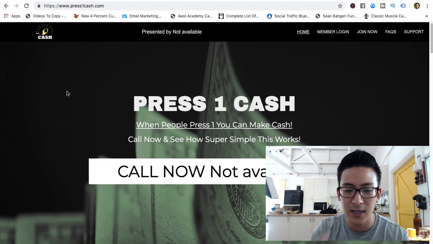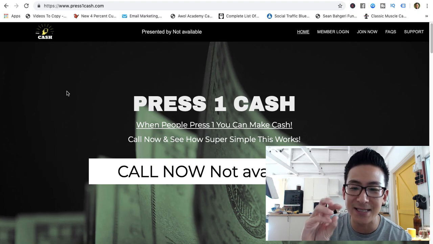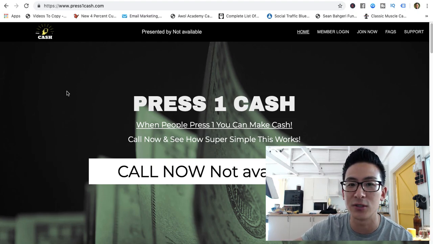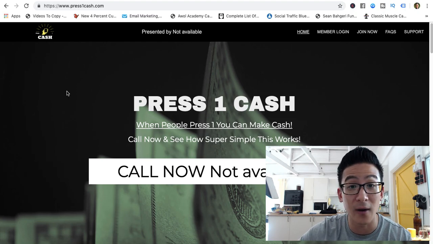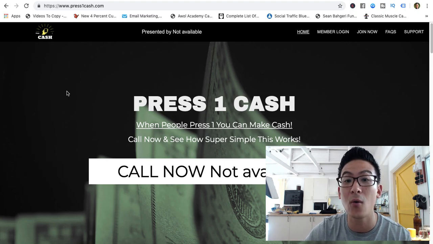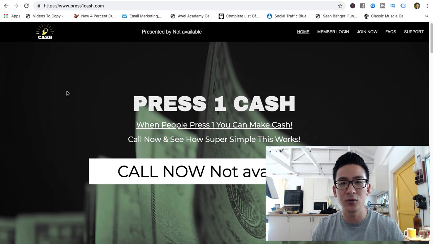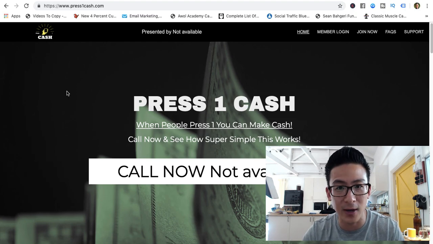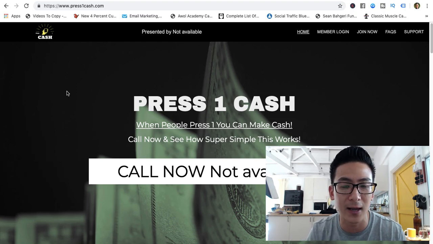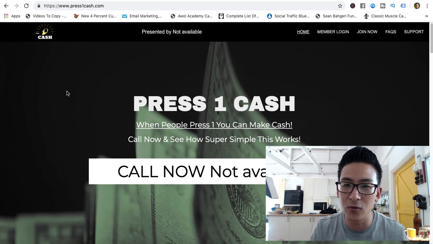Does that make sense, right? So Press One Cash doesn't really teach you how to market. All it teaches you how to do is use the SMS technology to generate leads. If this disappears, you're screwed because you don't really know how to market. Does that make sense, right? You just know how to press a button to get credits on their system and you market that way, right? But it's not really marketing. You need to learn how to do that.